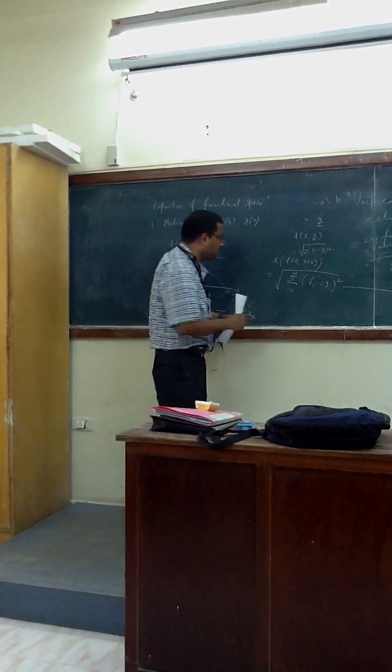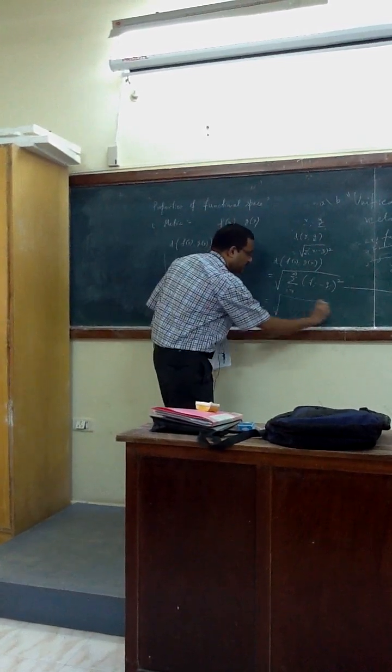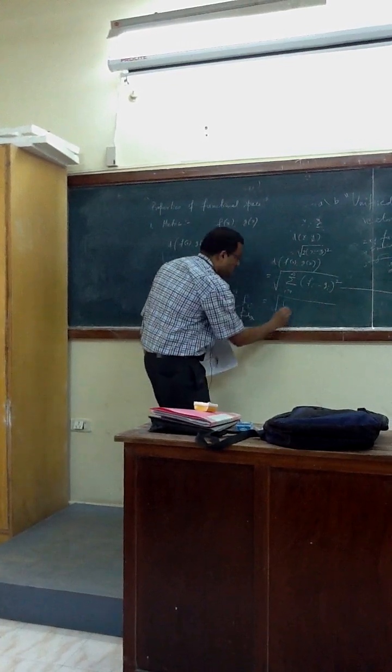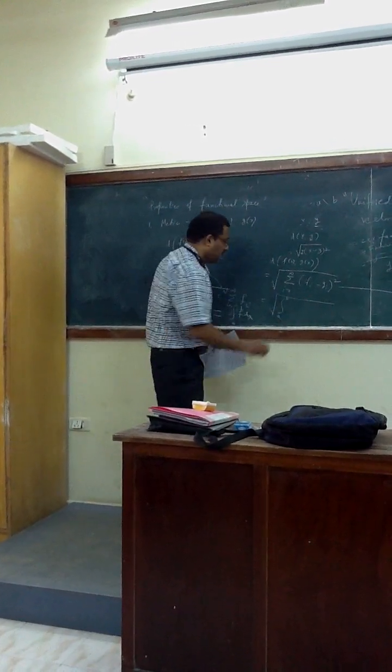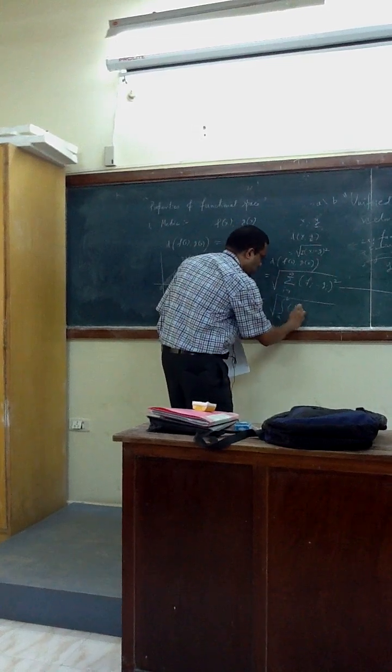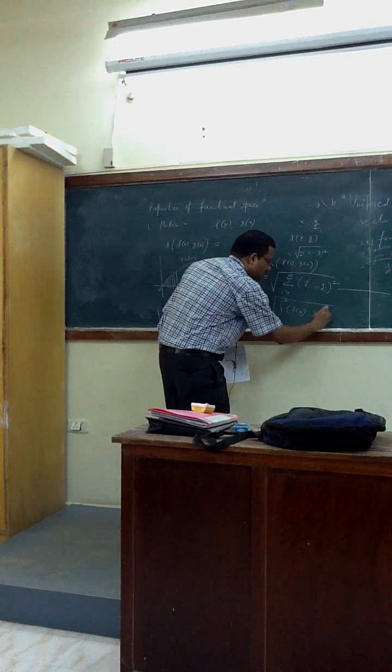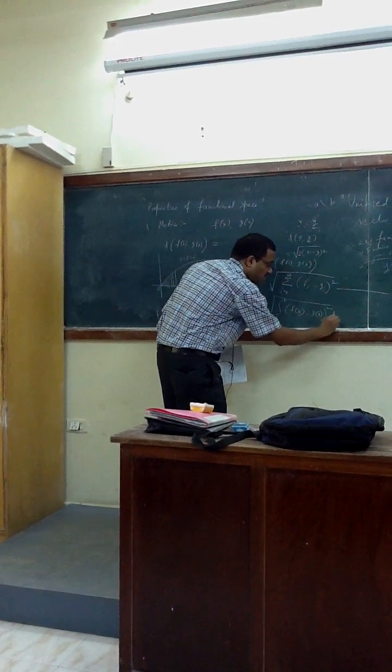So what will be d(f(x), g(x))? Integral from a to b, not fi, f(x); now fi will not be there, it represents the vector, minus g(x), then whole square.